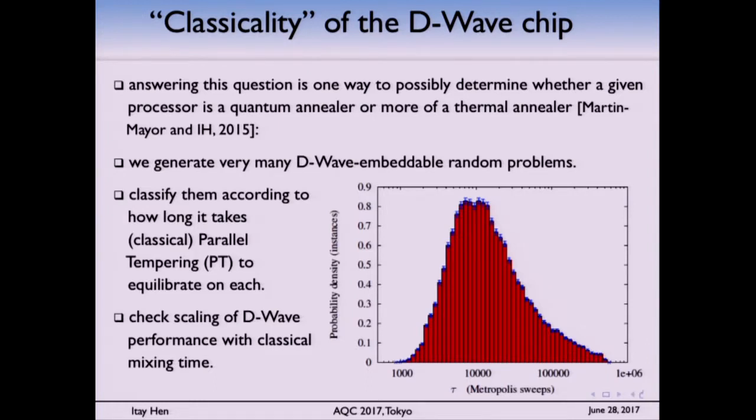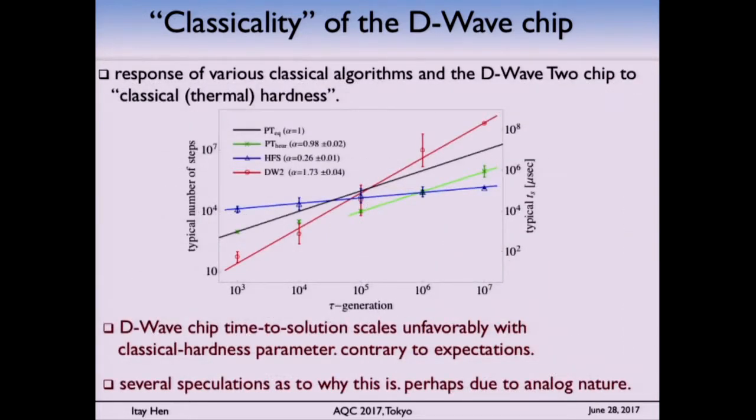And we looked at the performance of D-Wave for these problems, and these are the results here. What I'm showing here is the performance of different algorithms, performance meaning runtime to solution, versus the classical hardness or mixing time. The black line here is parallel tempering. The slope here is 1. This is a log-log plot. The slope is 1 just because this is how we defined classical hardness.